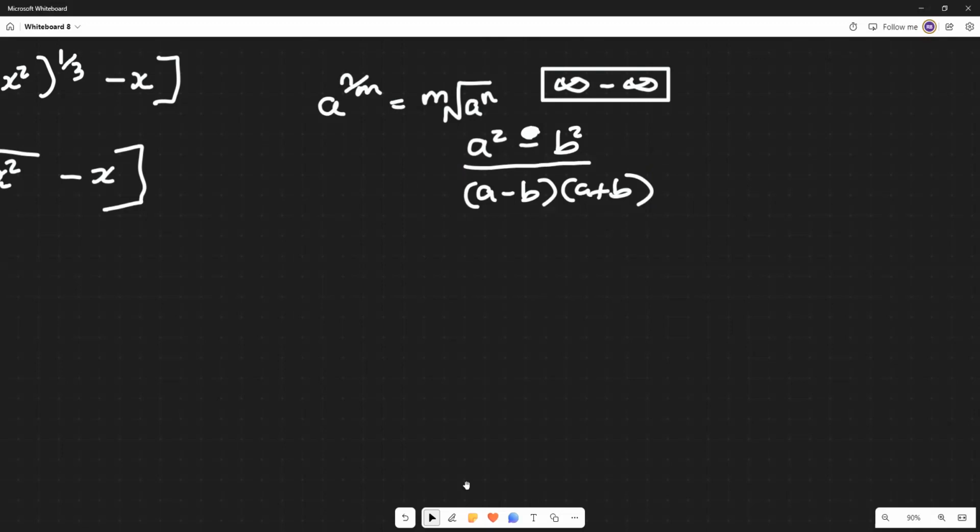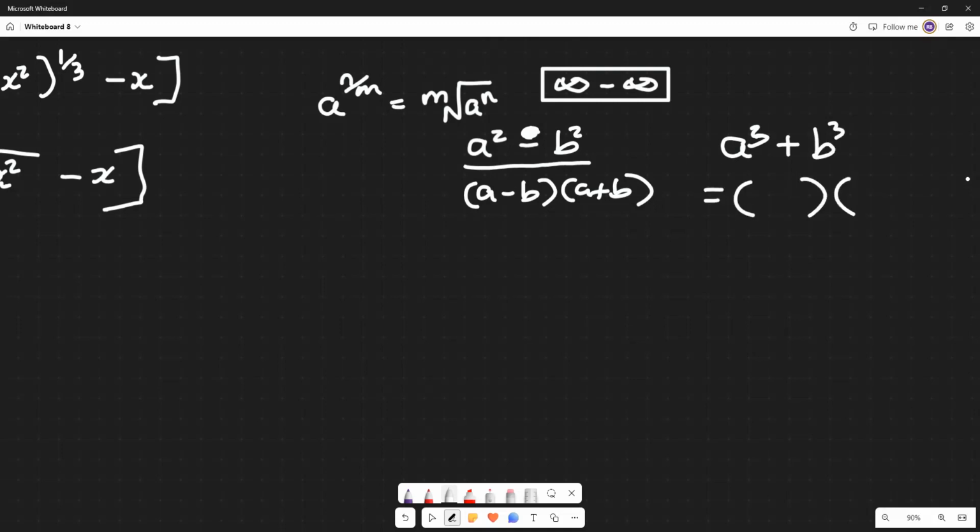But let's say we have cubes: a cubed plus b cubed. Do you agree that this can be factorized? The a cubed breaks to a, and the b cubed breaks to b.